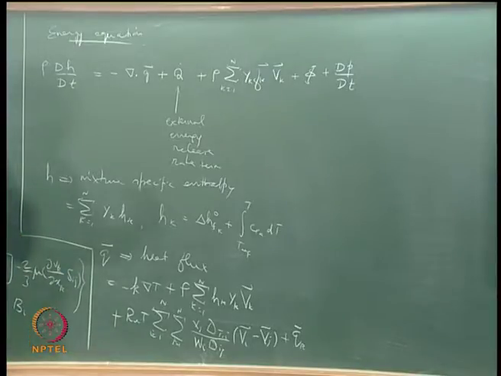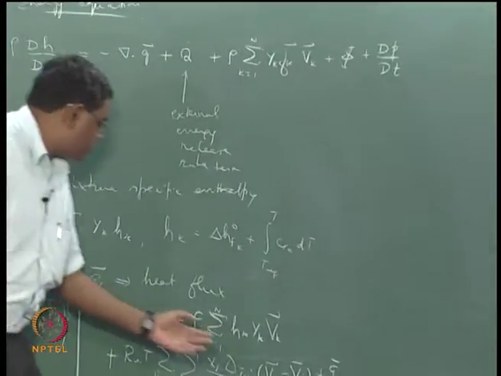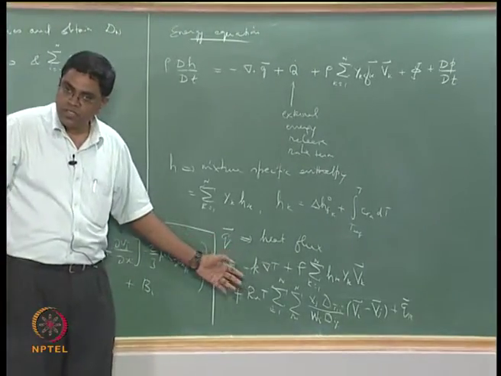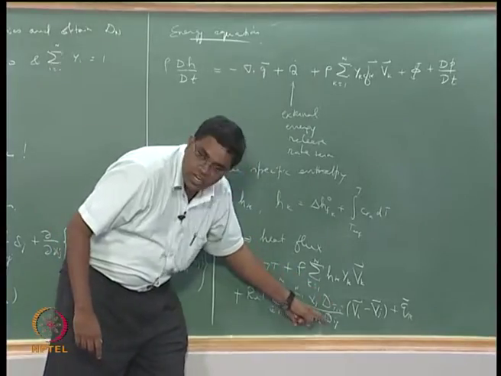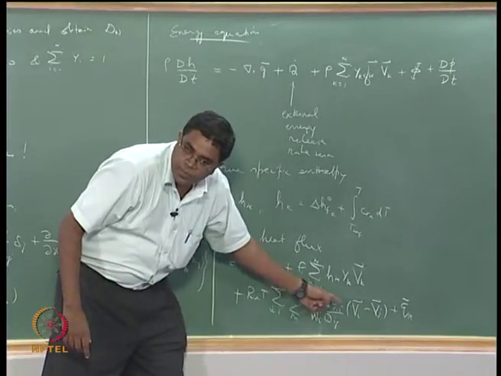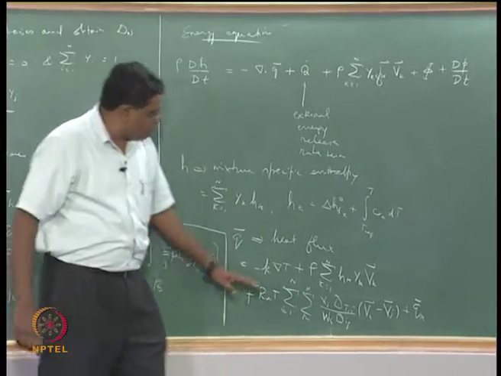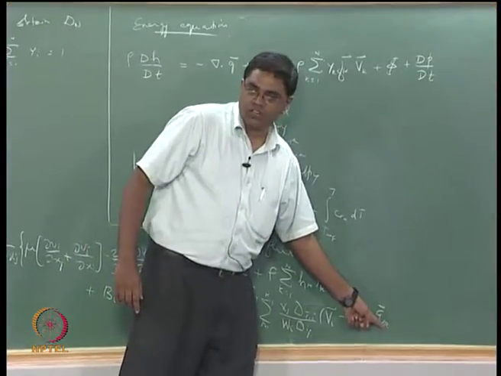So where a temperature gradient gives rise to a concentration gradient is called the Soret effect, and where a concentration gradient gives rise to a heat flux is called the Dufour effect. Okay. And you can clearly see that you have a DT,i divided by Dij showing up here as well, alright. So that is what is called the Dufour effect, and finally Qr is a radiation heat flux.